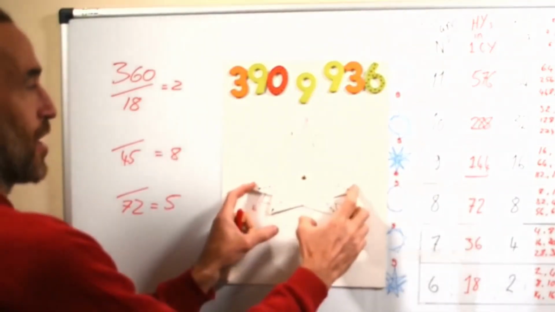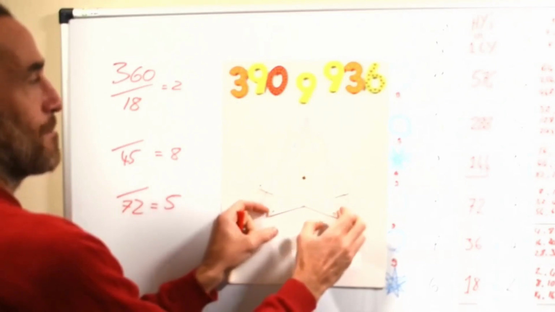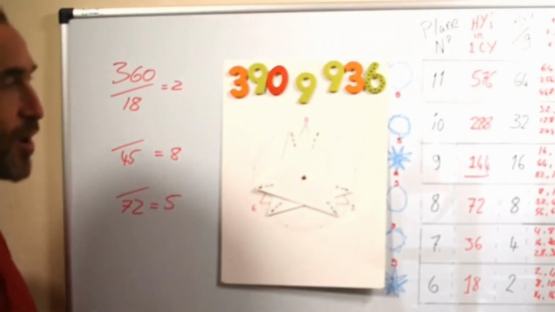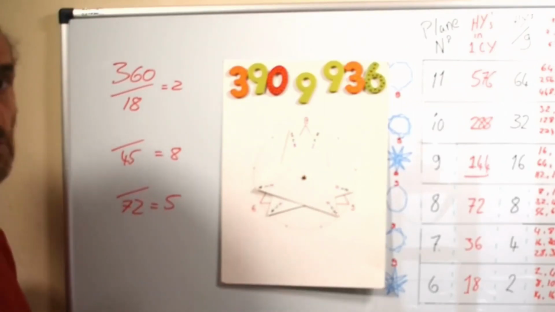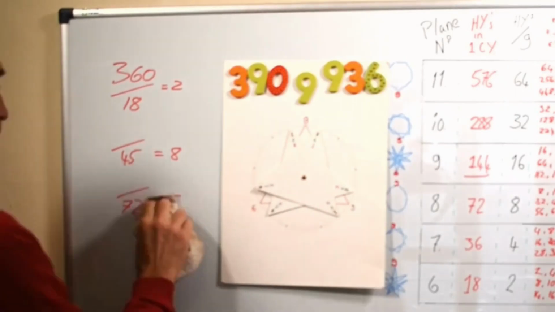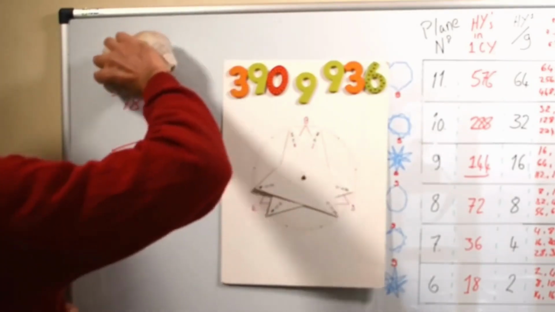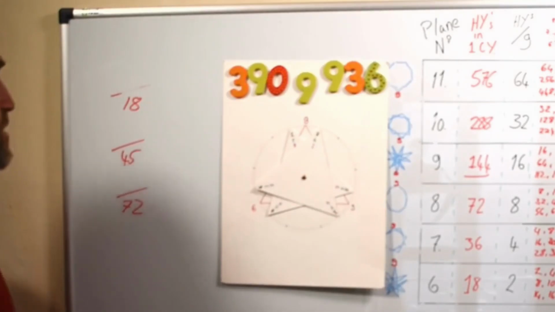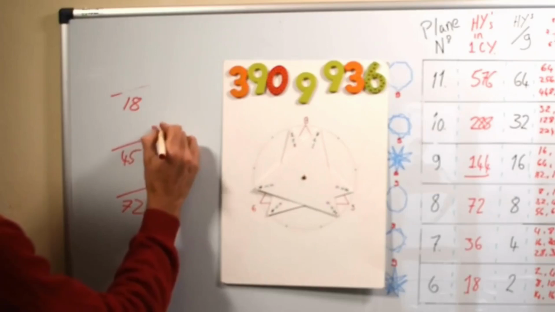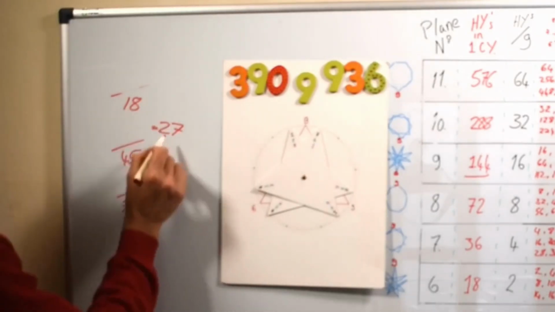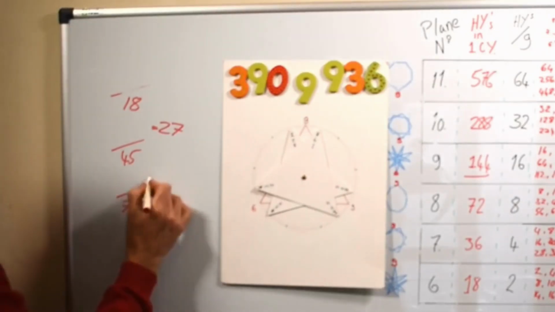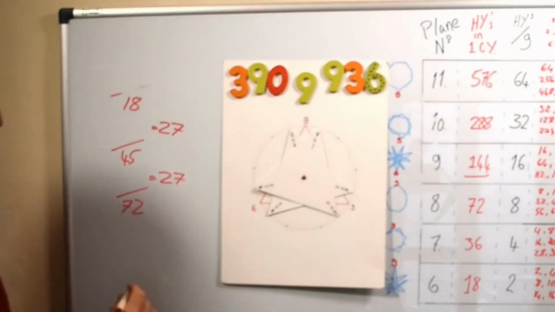However, their counterparts, which I call the manifest numbers, the 27, the 54 and the 81, do not divide equally into the 360 cycle. However, it is still interesting to note that the difference between 18 and 45 is 27. 18 plus 27 equals 45. The difference between 45 and 72 is 27.